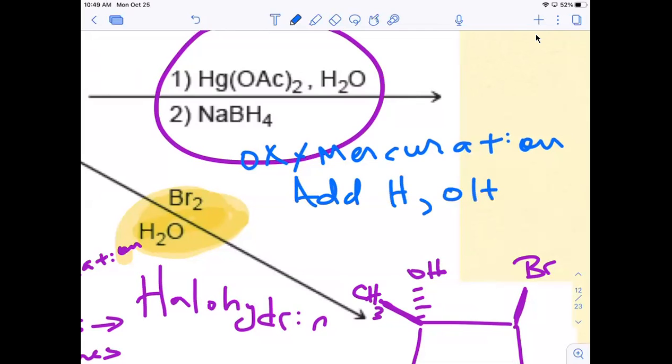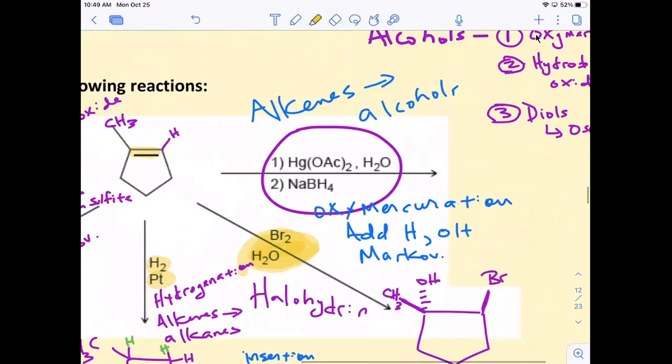So it's like kind of adding water to the double bond, right? The difference is this is Markovnikov. So the OH, and this is very generic, we'll talk about the mechanism Wednesday, but the OH is going to add to the more substituted side. All right, so it's going to end up on that side where that CH3 is.